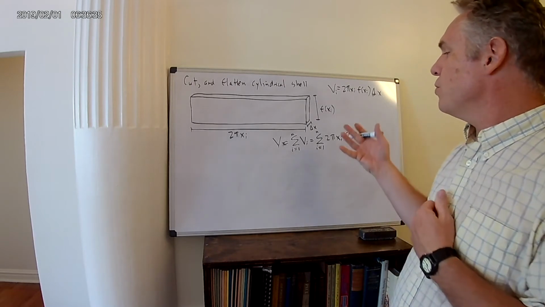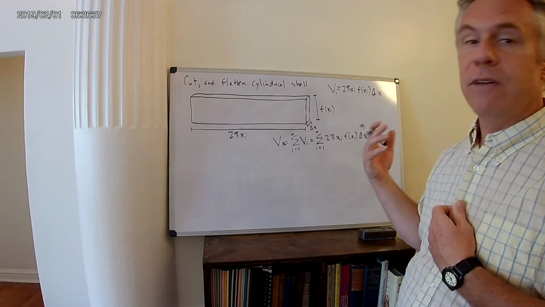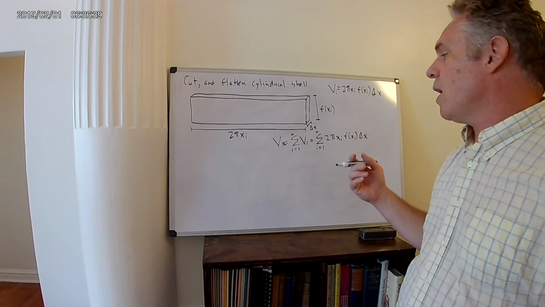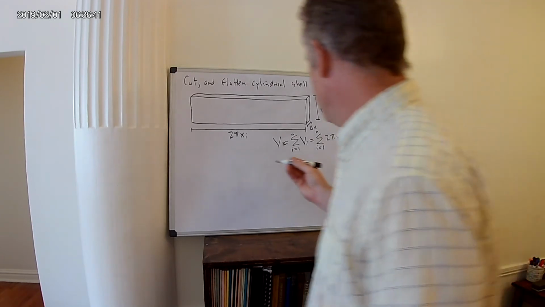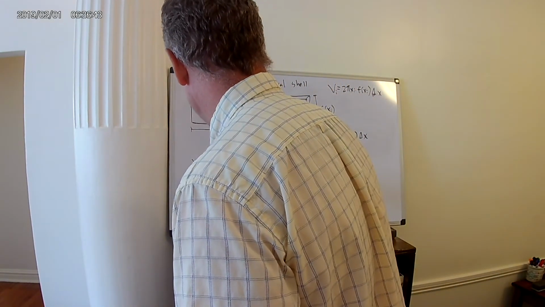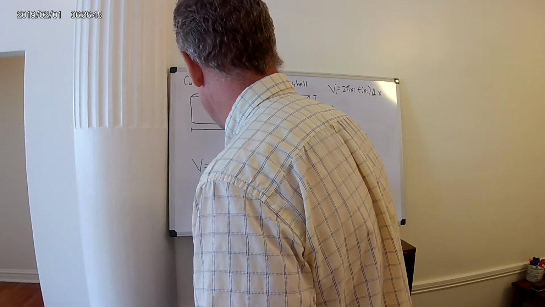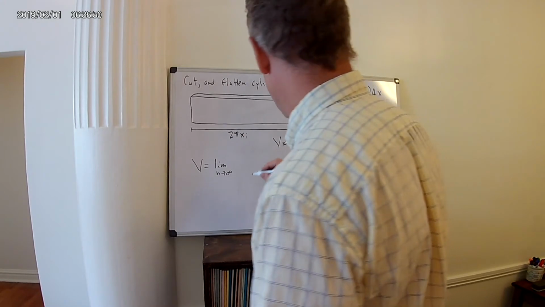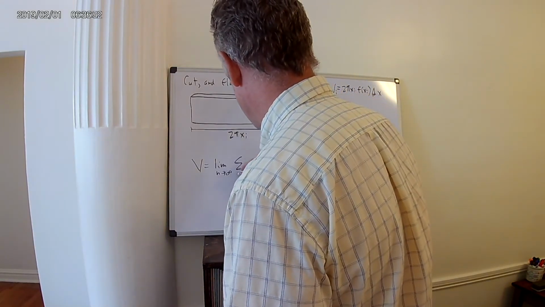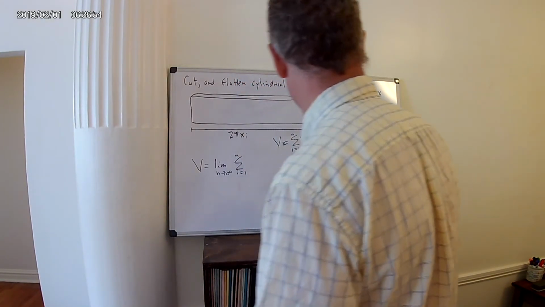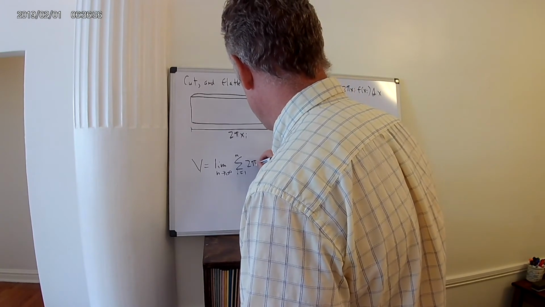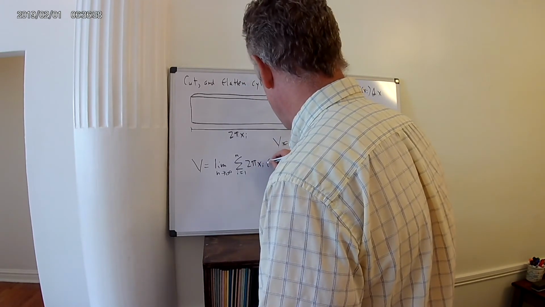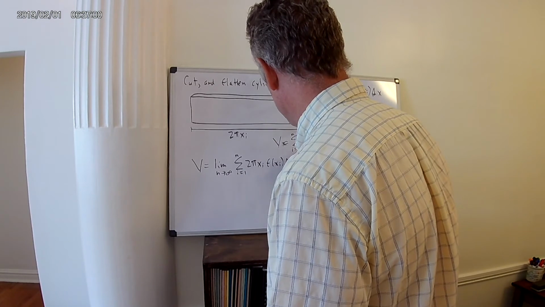Well, if we force the number of cylindrical shells to go to infinity, that volume calculation becomes exact. So the volume is exactly equal to the limit as n approaches infinity of the sum from i equals 1 to n of 2 pi x sub i f of x sub i times delta x.